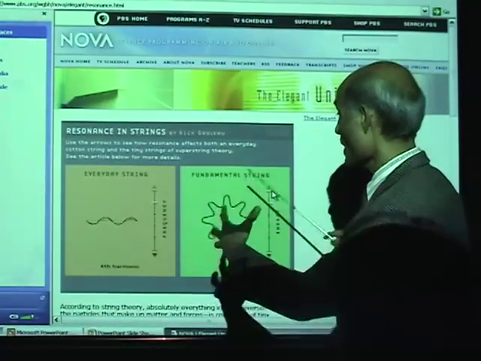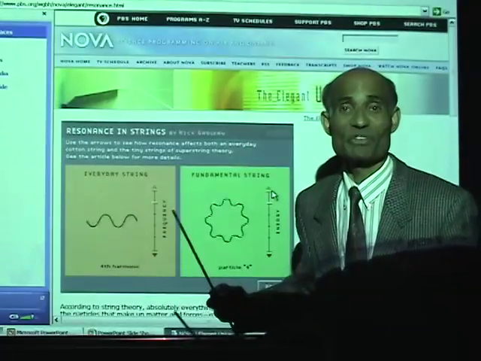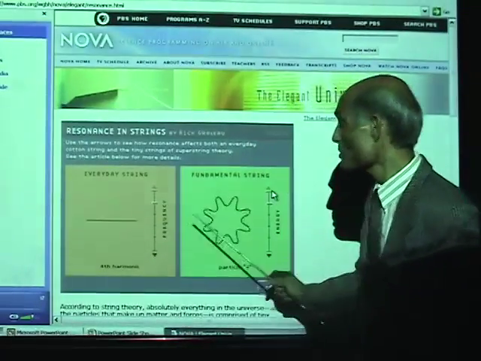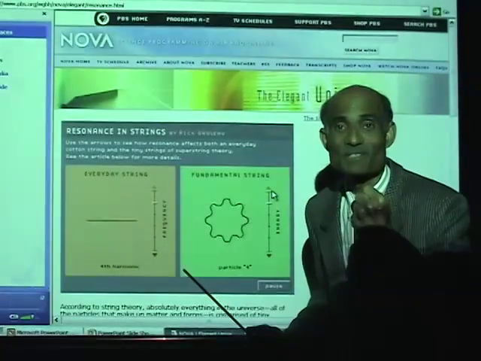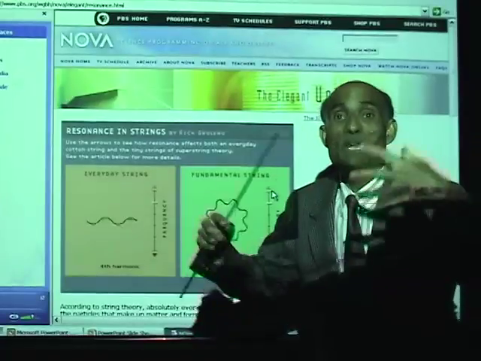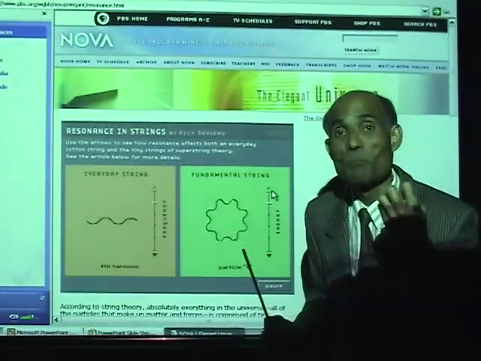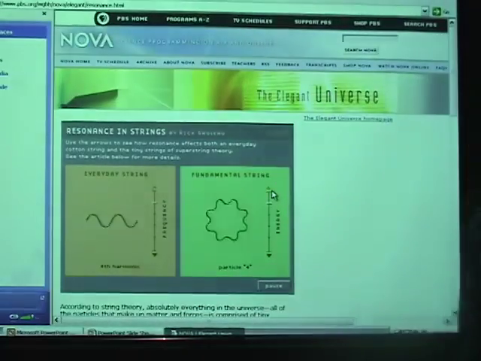So, according to the present day belief, but not all physicists, the string theorists believe that everything in the universe is made up of these fundamental strings, and many different particles are created by the different modes of vibrations of these fundamental strings. Alright, let's move on.